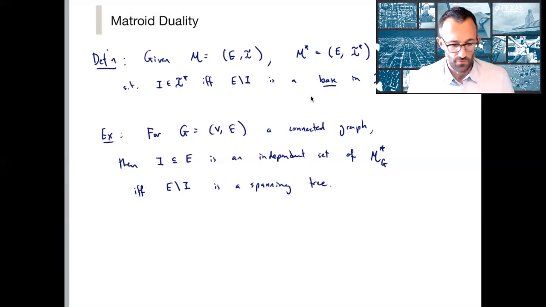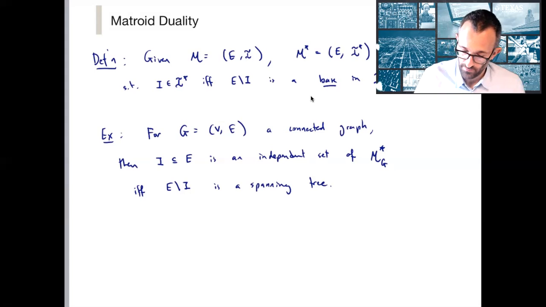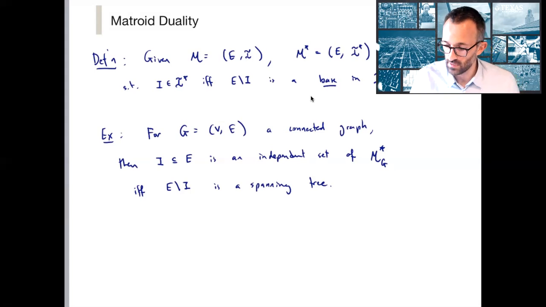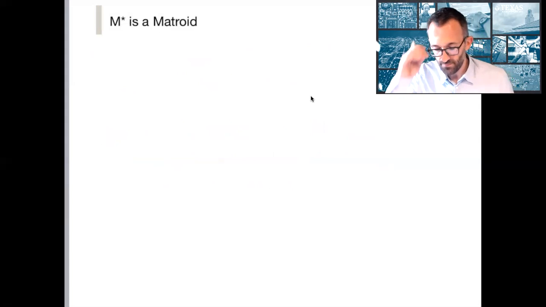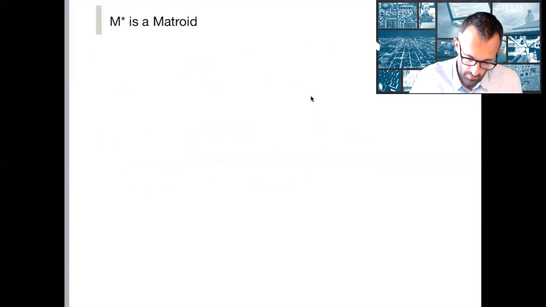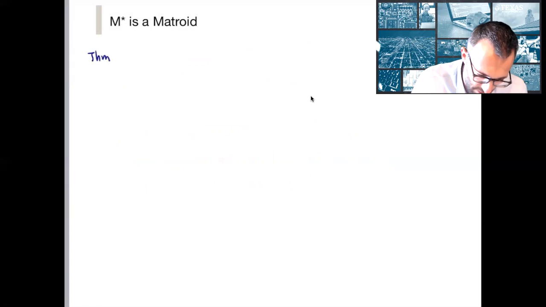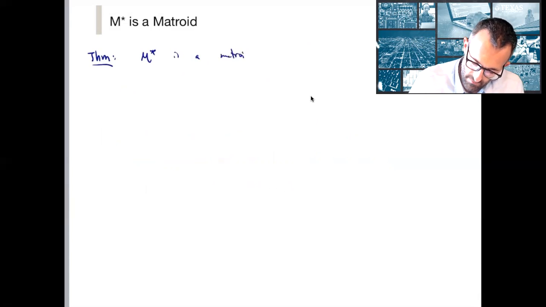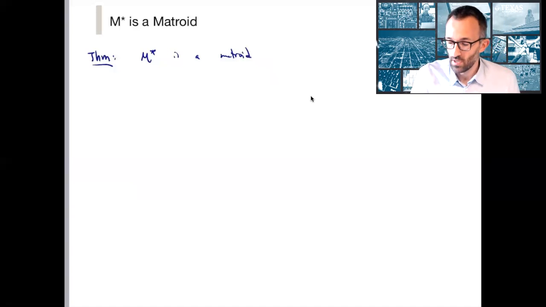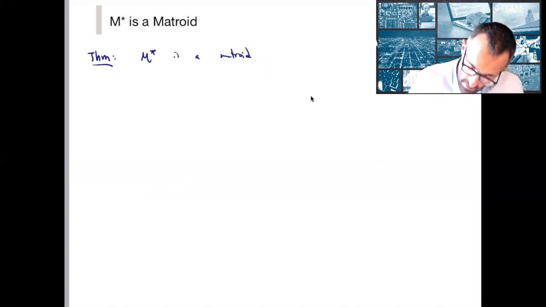So first order of business is to check that M star is indeed a matroid. Let's do that. I'll write this as a theorem. M star is a matroid, and in particular, its rank function is given as follows.